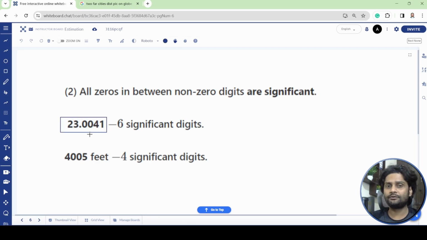There are 2 zeros and 4 non-zeros, but because the zeros lie between non-zero numbers, these zeros are also considered significant. Same thing happens here. We have 4 digits. Again, 2 are zeros and 2 are non-zeros. But because the zeros occur between two non-zero digits, these zeros are also considered to be significant along with the non-zero numbers.